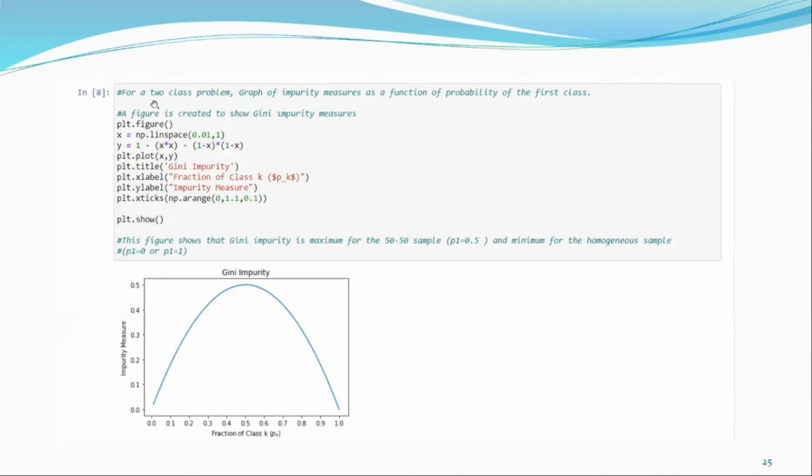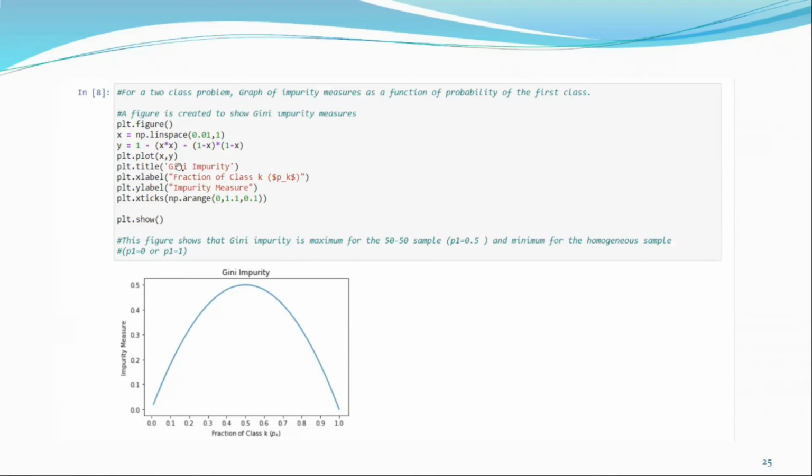for a 2-class problem, we plot the graph of the impurity measure as a function of the probability of the first class. That is, let's say we have two classes, yes or no, and x is the probability of the data belonging to the yes class. So our y value will be the Gini impurity.